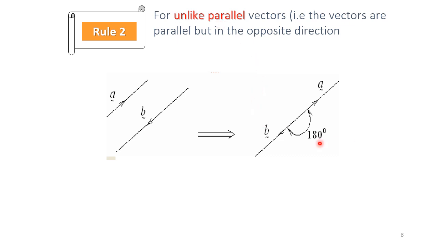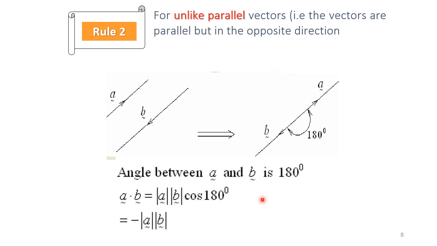In this case, as you can see in the diagram, the angle between these two vectors is 180 degrees. So cos 180 degrees is -1. The dot product between vector A and vector B is equivalent to negative the magnitude of vector A times the magnitude of vector B.